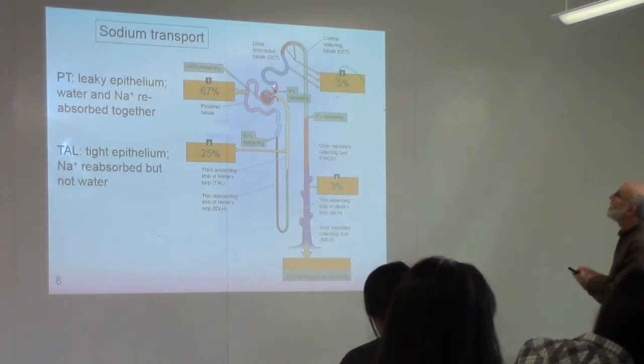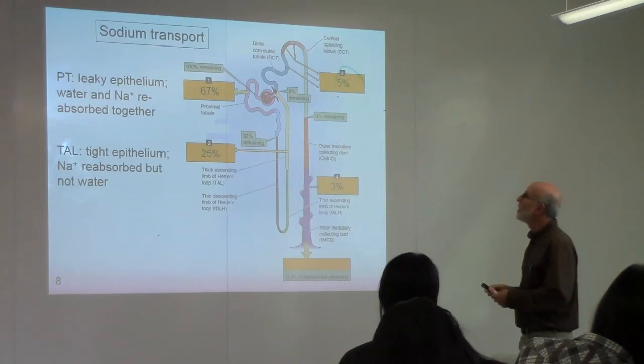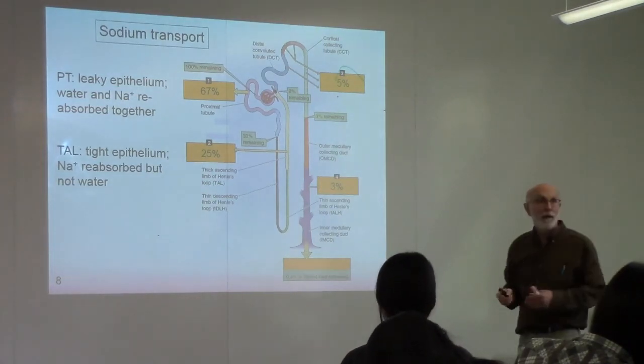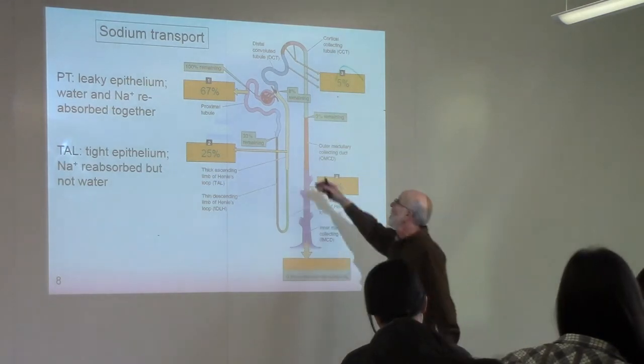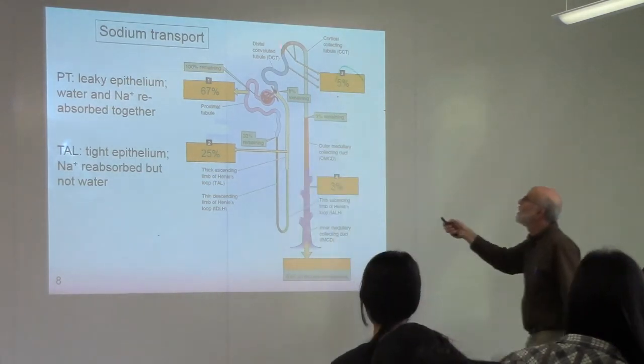So what is 67 plus 25? 92. 92% of the sodium has now been reabsorbed by the time we get to the distal tubule.